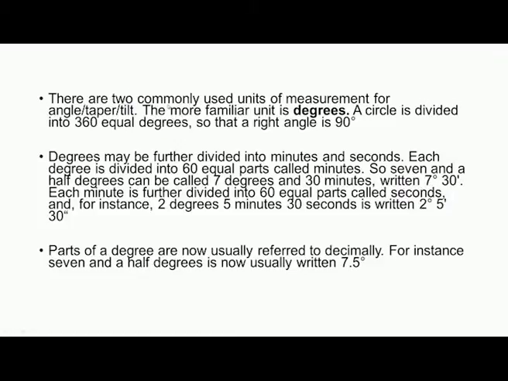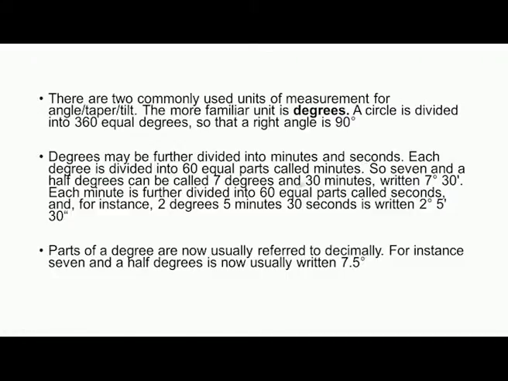This angle, tilt and taper are normally measured in terms of degrees or radians. That means there are two commonly used units of measurement for angle or taper or tilt. The more familiar unit is degrees. A circle is divided into 360 equal degrees, so that a right angle is 90 degrees. Degrees may further be divided into minutes and seconds. Each degree is divided into 60 equal parts. Each part is called a minute.